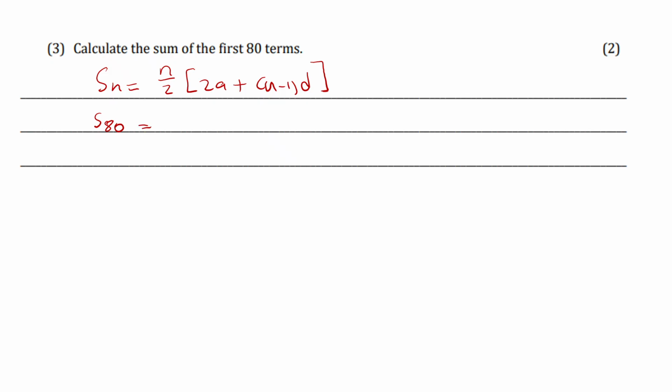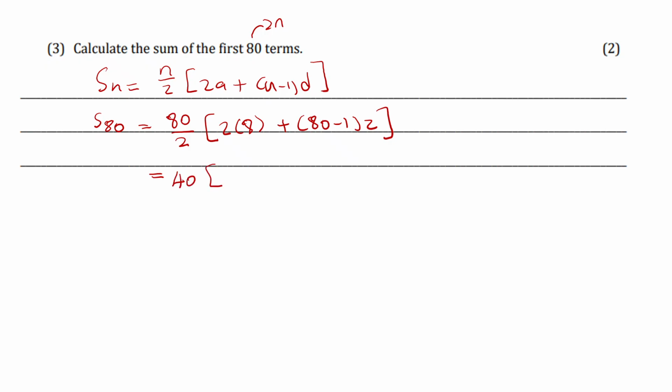Let's just substitute. For the first 80 terms, this is your n, so this will be 80 over 2 into 2 times the value of a, the first term of the sequence, which was 8. Then we add 80 minus 1 times d, which was 2. You just have to punch everything correctly on your calculator, or you can first simplify the bracket.